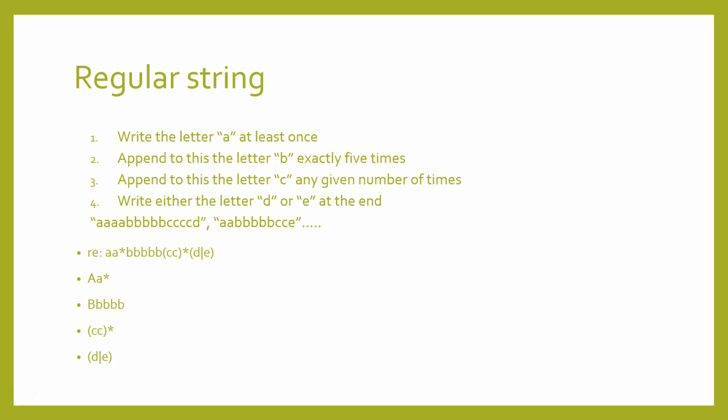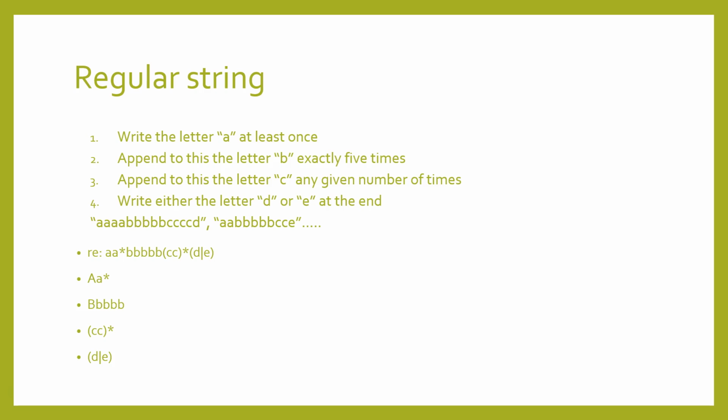Strings that follow these rules are shown in the table, and there is an infinite number of variations that can follow these rules. Regular expressions are merely a shorthand way of expressing these sets of rules.